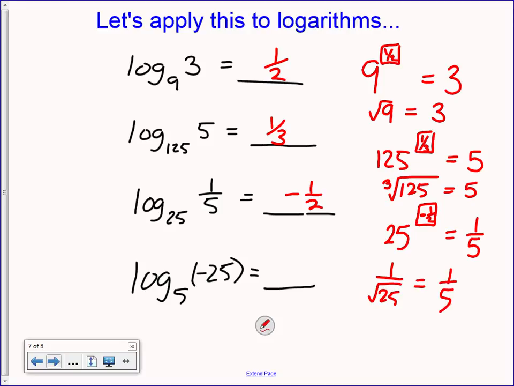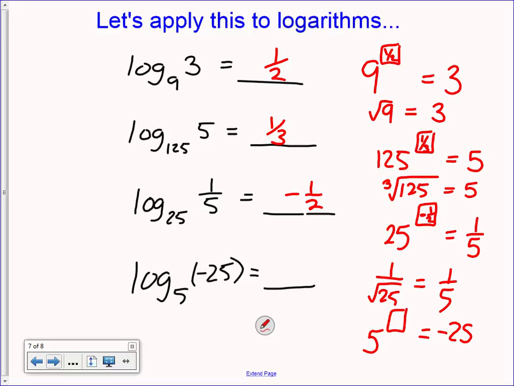Okay? All right, and then the last one is log base 5 of negative 25. This actually has no solution, but again, if you think of it in terms of exponents, you'd be thinking 5 to what power equals negative 25? Well, raising a base to a power is not going to change the sign, okay?